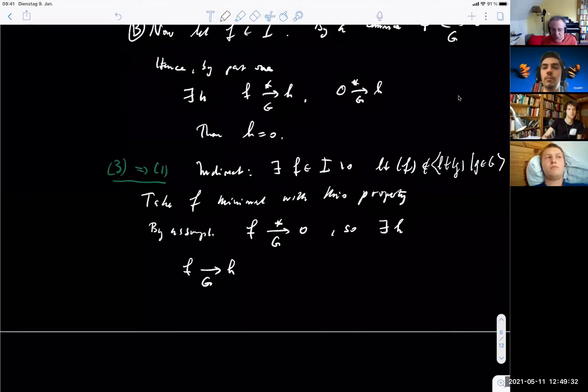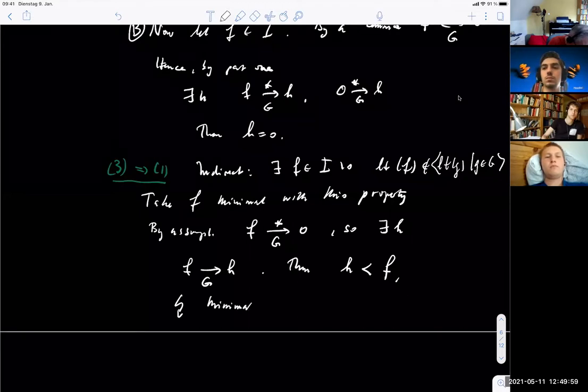If F would be 0, this would be okay, but we assume F is not 0. But now we have a contradiction, because when I have a reduction, then I know H is always less than F in our ordering. And this contradicts the minimality of F. So this direction was relatively easy.